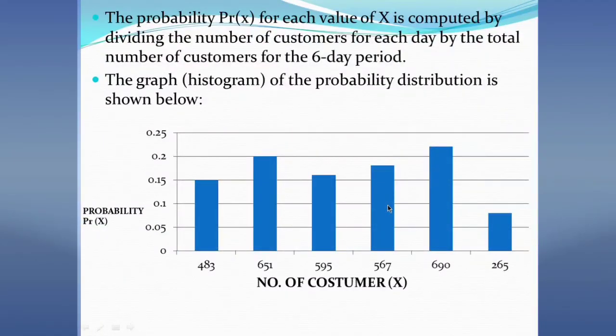Okay, so ayan. And then, so for example, sa 483, 0.15. So, ito po sa paggawa nyo ng histogram, since sa module kayo dito gagawa, isakto nyo na lang po, okay? Halimbawa, 0.16, so, ayan, 0.15.